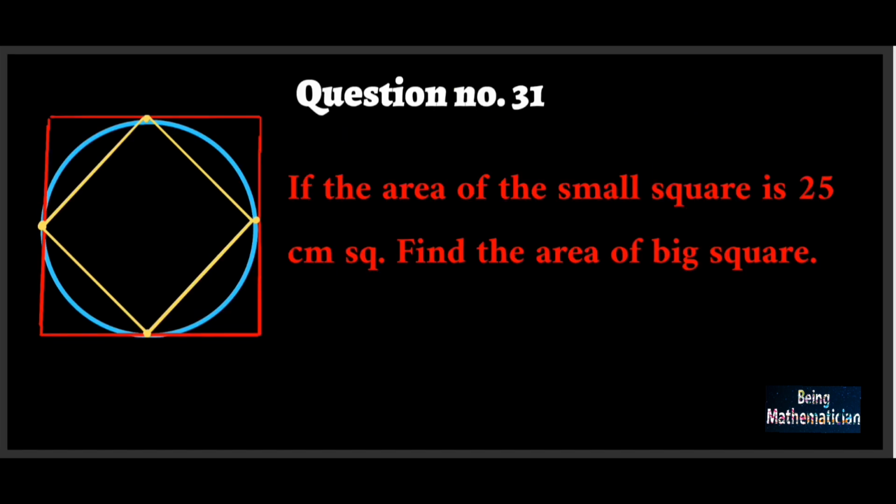Question number 31. The area of the small square is 25 centimeter square. That means in the figure, the small square is the yellow square.